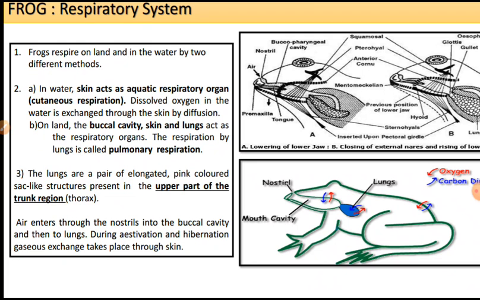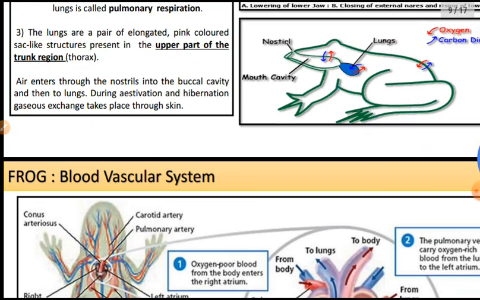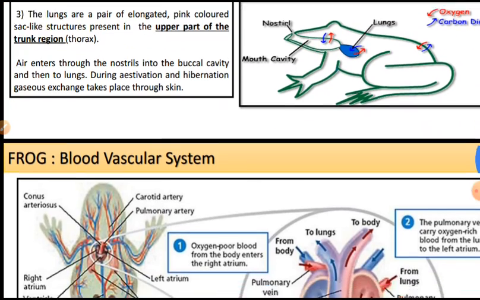In the aquatic method, they use their skin and buccal cavity for the purpose of dissolved oxygen diffusion, and in pulmonary respiration they use lungs, and the lungs are present in the upper part of the trunk region. The gaseous exchange takes place through these 3 methods.